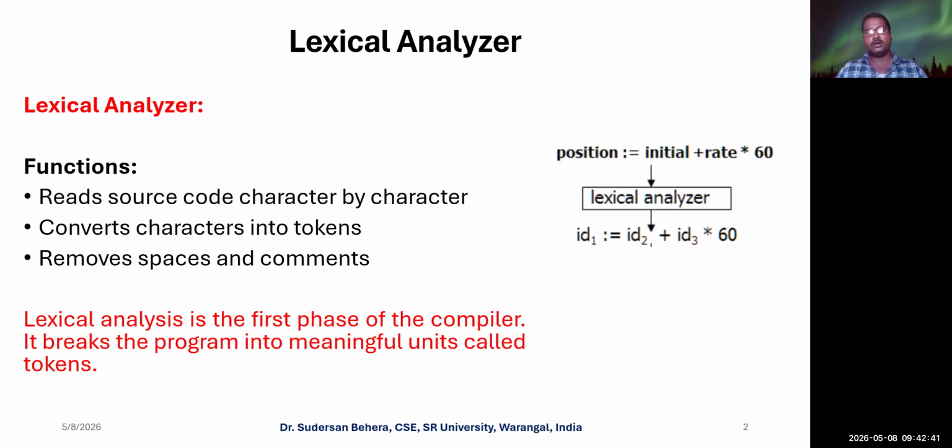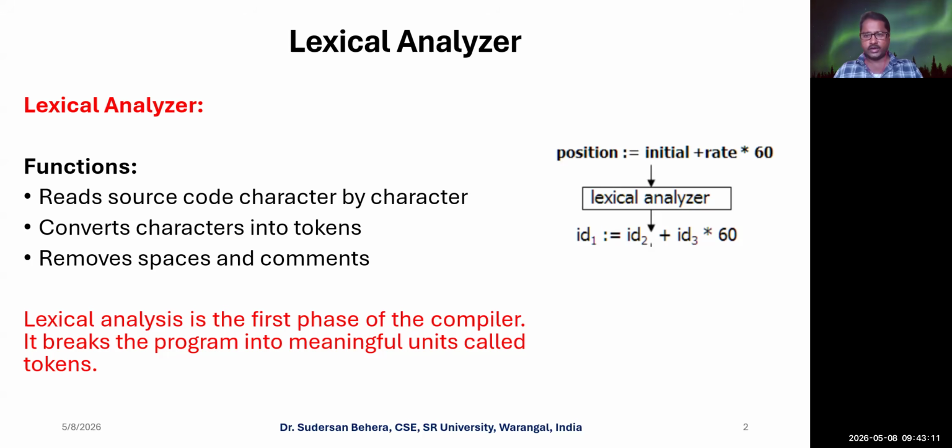Once it identifies all the token types, it stores the information in the symbol table. The next phase of the compiler is the syntax analyzer. What does it do?